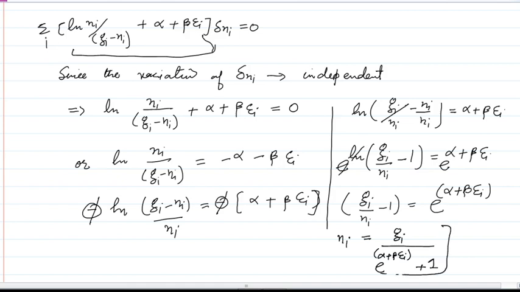So this is basically the required equation which relates the most probable distribution of N particles among the energy levels according to Fermi Dirac. Okay, thank you.